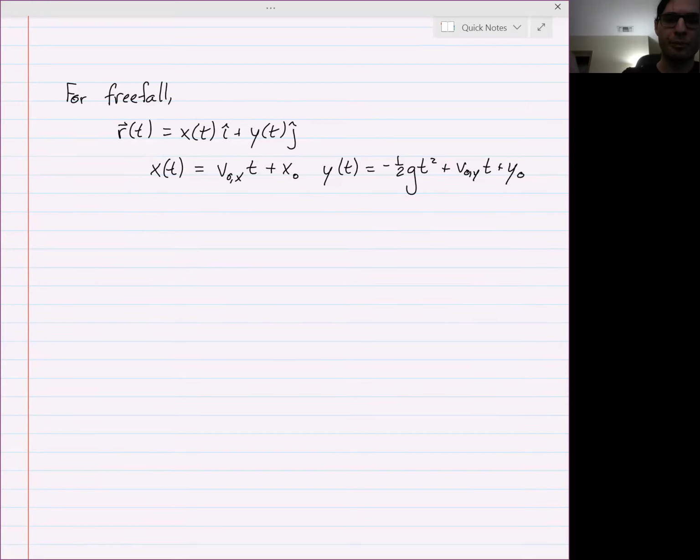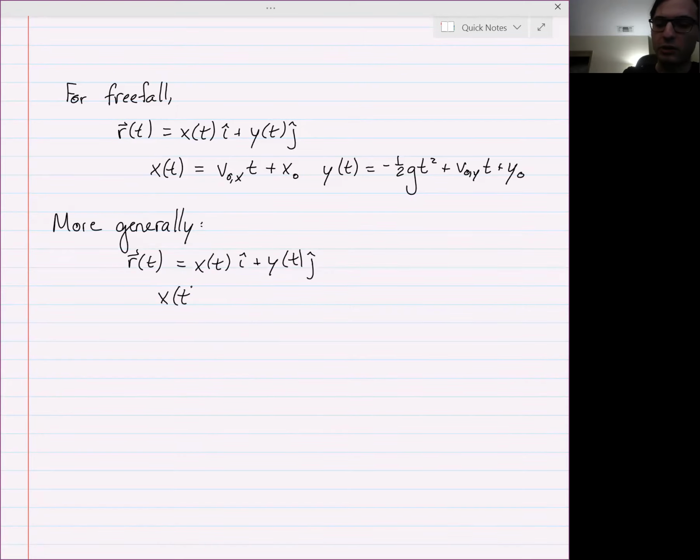And so, more generally, and hopefully you guys can see how this follows, we have r of t, again, it's x of t i hat plus y of t j hat, and then x of t is 1/2 a in the x direction, t squared, plus v naught in the x direction t plus x naught. Then y of t is 1/2 a y t squared plus v naught y times t plus y naught.